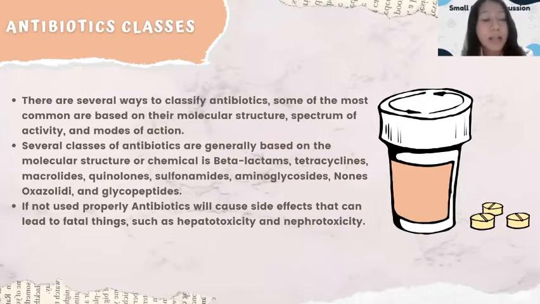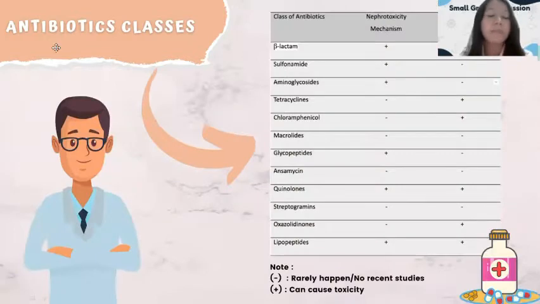There are beta-lactam, tetracycline, macrolide, quinolone, sulfonamide, aminoglycoside, oxazolidinone, and glycopeptide. The antibiotic, if not used properly, will cause side effects that can lead to fatal things such as hepatotoxicity and nephrotoxicity. Next.